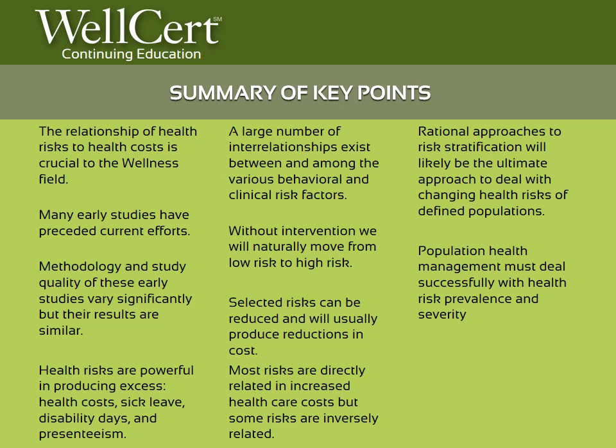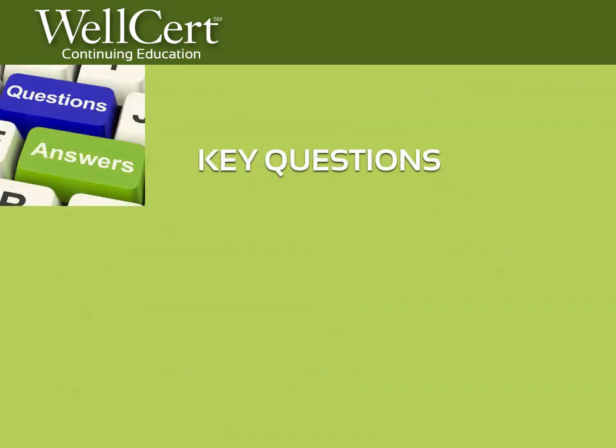So we can't leave the health risk issues behind and simply go off toward well-being. If we do that, we're going to end up with growing healthcare costs at very high rates, and we're going to end up with people then having to deal with the economic pressures of that on a business operation, government, and on nonprofits. Now let's look at some key questions.